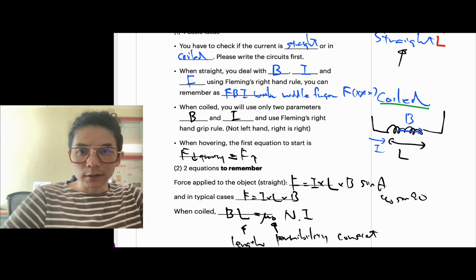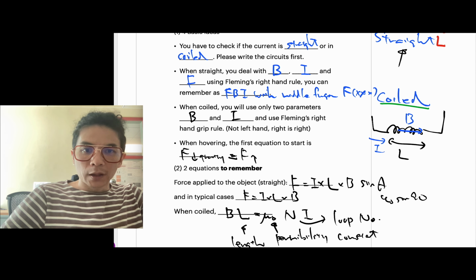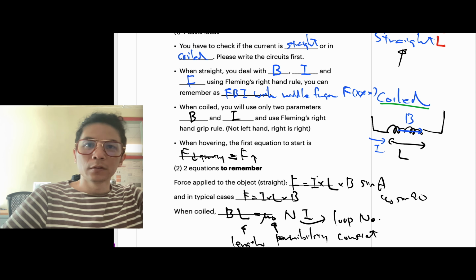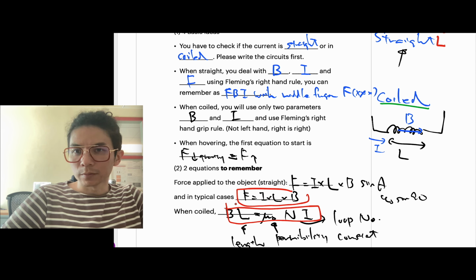And n is the number of coils, the loop number. So this seems a little complicated, but basically what you have to remember is this equation and this equation, so that you can solve the problem by yourself.